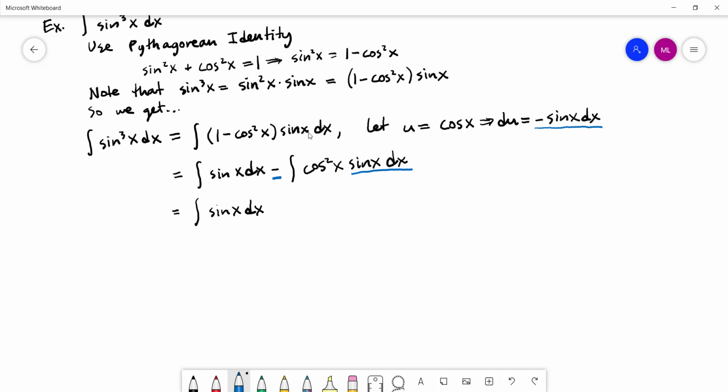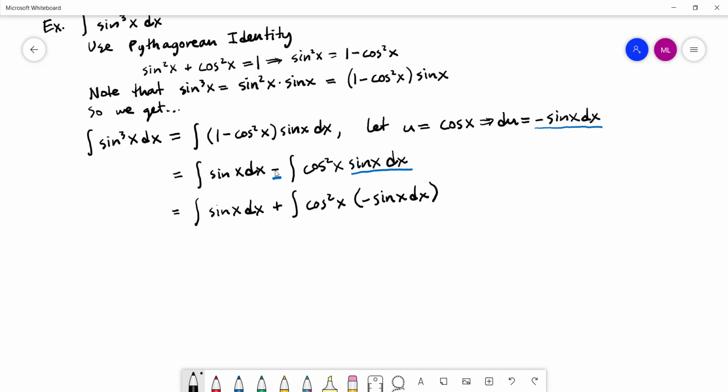Or alternatively, we could force the negative sign in here and then account for that by multiplying by yet another negative sign out here, which would flip this sign back to positive. So however you want to think about it, maybe we want to write it as plus the integral of cosine squared of x times negative sine of x dx. So maybe that's a clear way to do it.